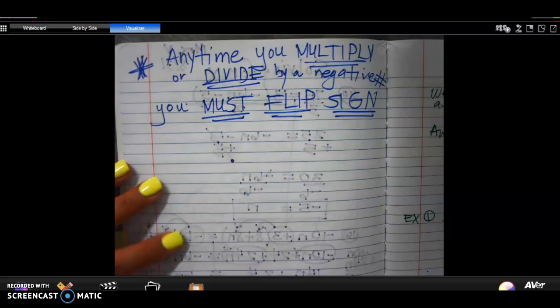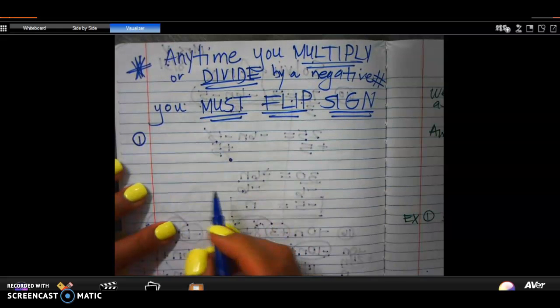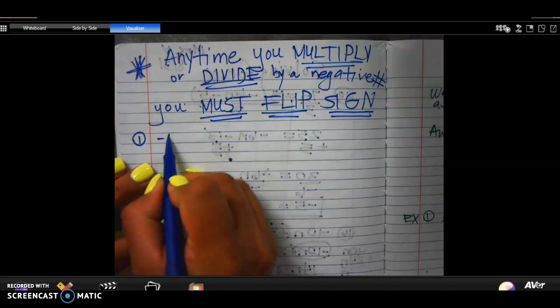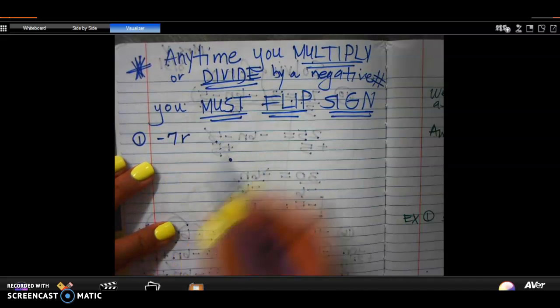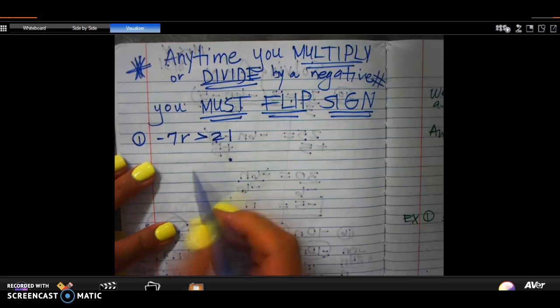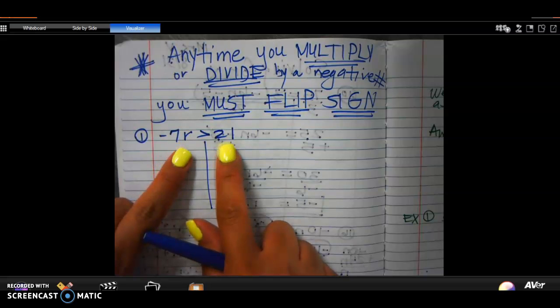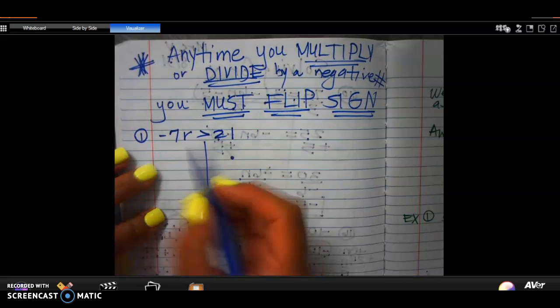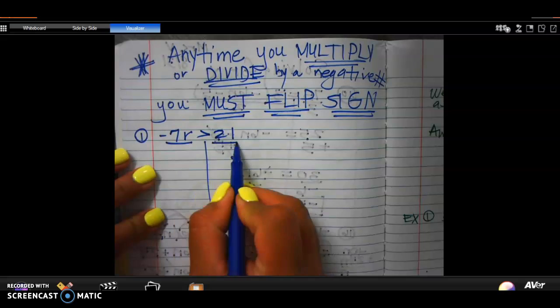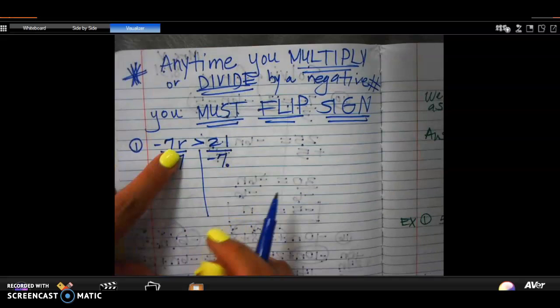Okay, so let's do an example. So if we have -7r is greater than 21. Split up our problem. I cannot simplify anything, right? So I'm going to have to go straight into dividing by a -7 because I want r by itself, right?